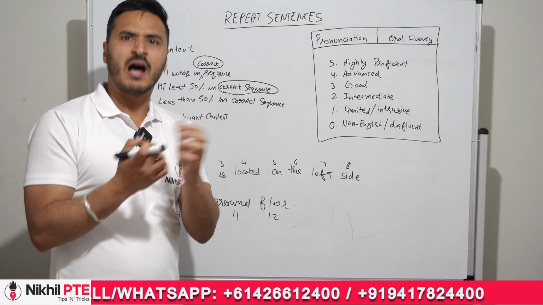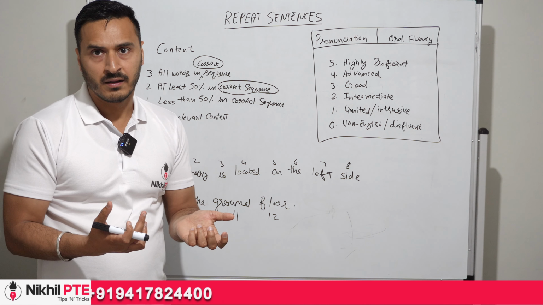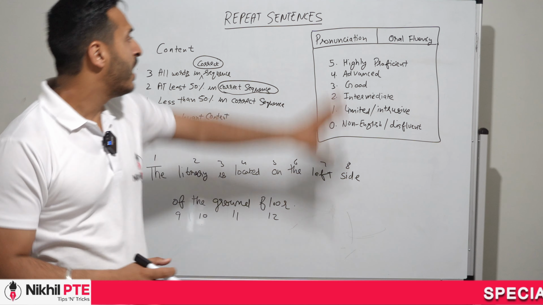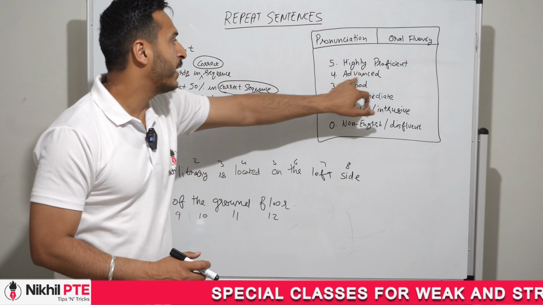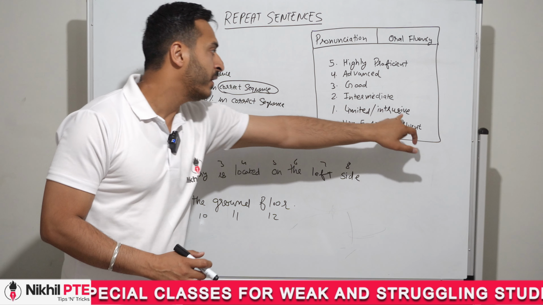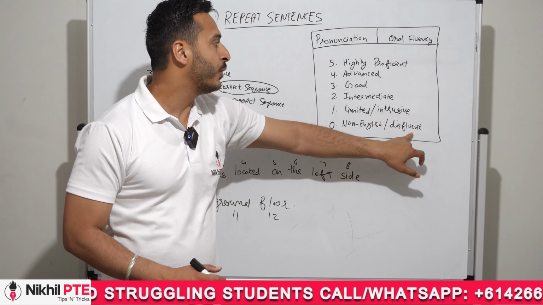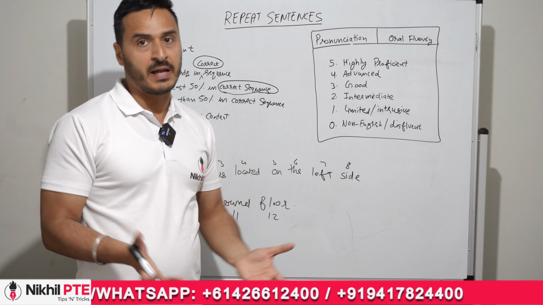If some words are not understood by the PT software, everything is mentioned in the PT score guide in detail across these 6 levels: highly proficient, advanced, good, intermediate, limited, intrusive, non-English and disfluent. Disfluent is related to oral fluency. Non-English in pronunciation means you are sometimes not speaking in English.